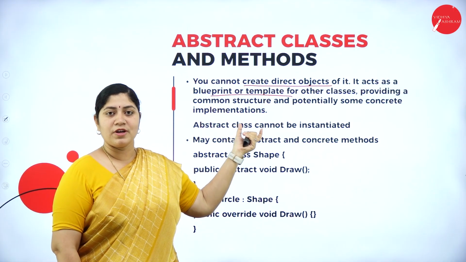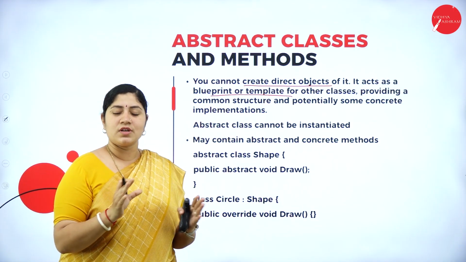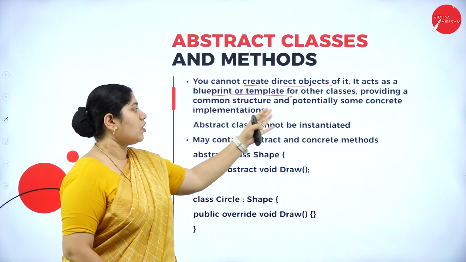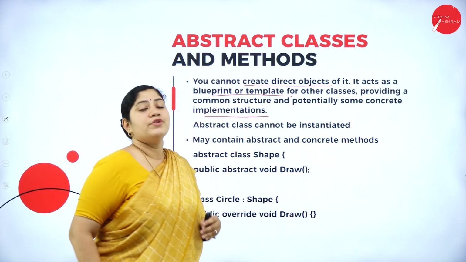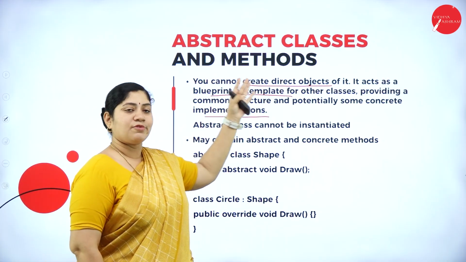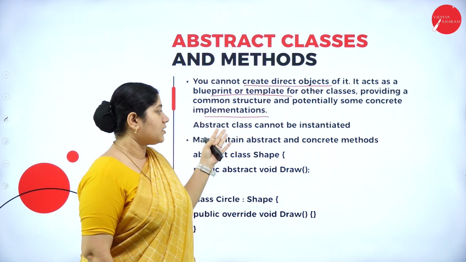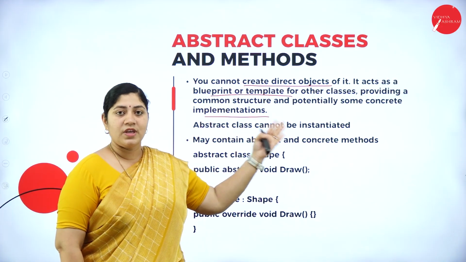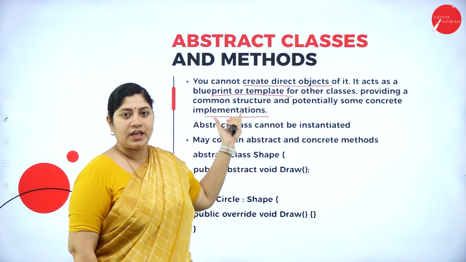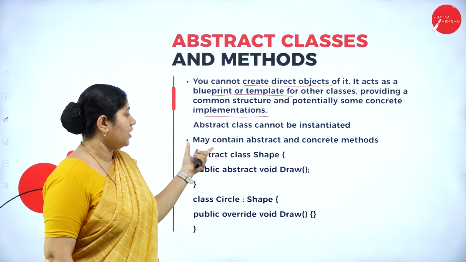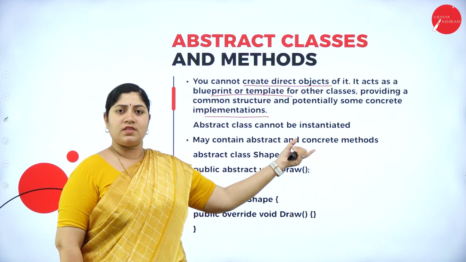It acts as a blueprint, meaning it will give you a structure like how things have to work, followed by potentially some concrete implementations. So this is about abstract classes and methods. We can say an abstract class cannot be instantiated, okay, but it can be inherited. It may contain abstract and concrete methods.